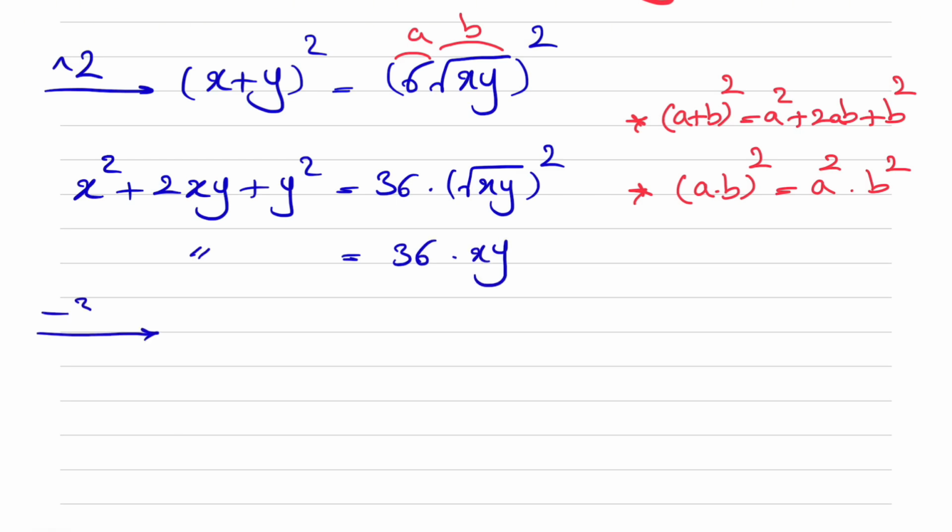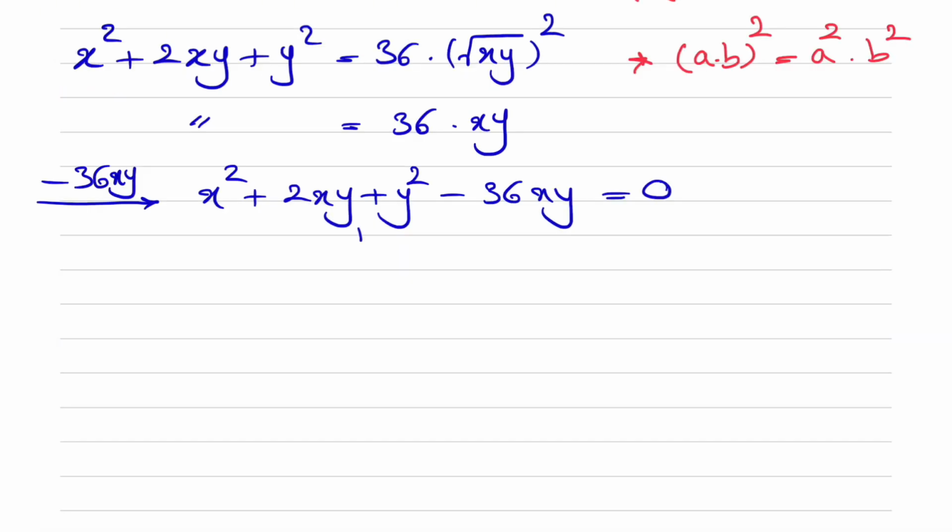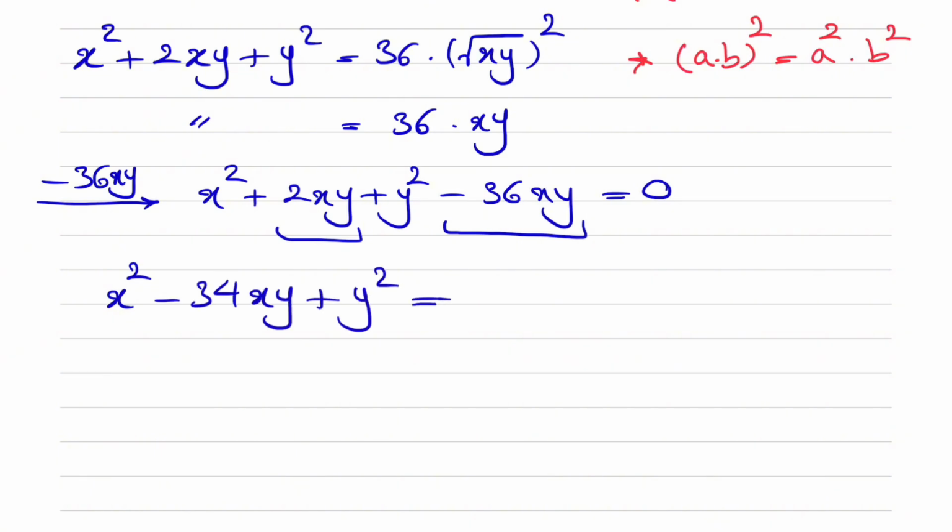So here we're going to subtract 36xy from each side. So we have x squared plus 2xy plus y squared minus 36xy is equal to 0. We have 2xy minus 36xy, which is going to give us x squared minus 34xy plus y squared is equal to 0.